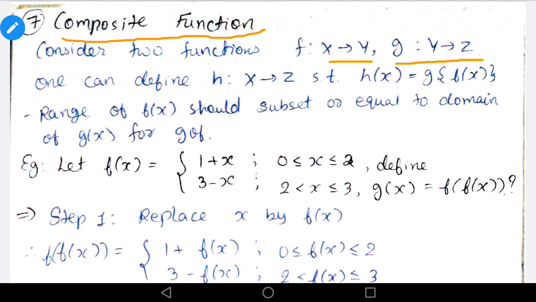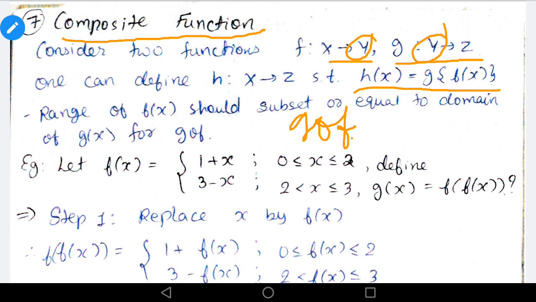Then one can define a function h from x to z such that h of x is equal to g of f of x. Here, the range of f should be a subset of or equal to the domain of g. Means if f and g are two functions and we have to find g of f, then the range of f, let's consider y, should be a subset of or equal to the domain of g.